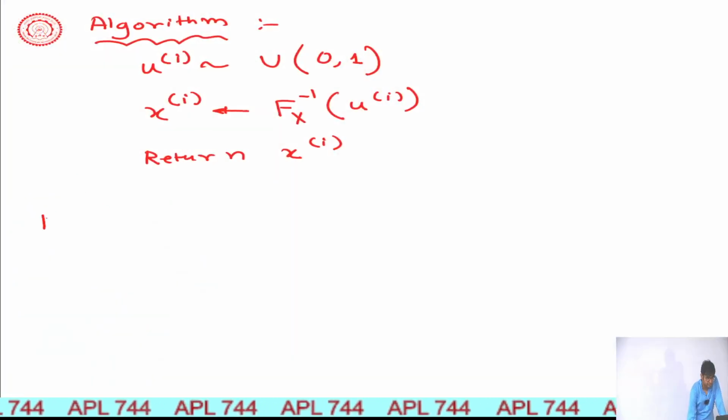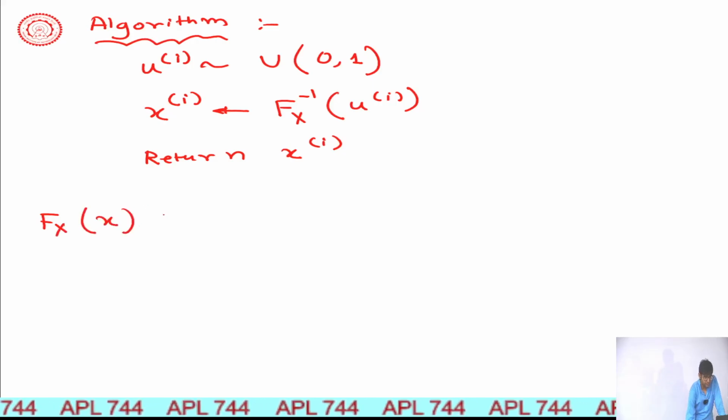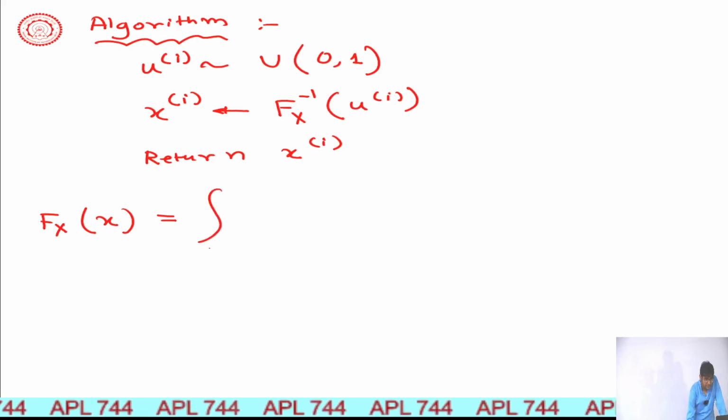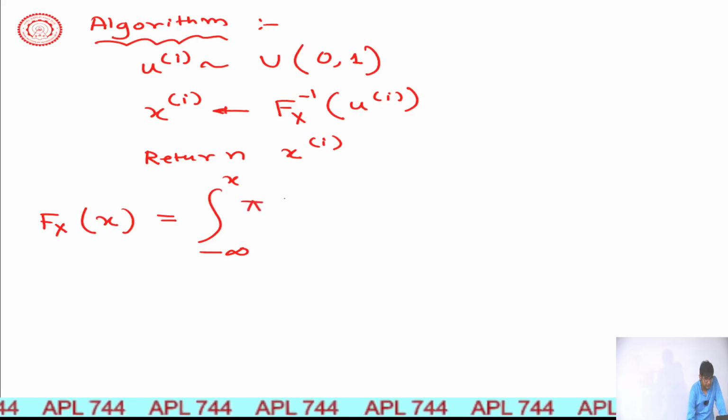What is F_X inverse? First let me define F_X of x, known as the CDF, cumulative distribution function, which is equal to the integral from minus infinity to x of pi of x dx.